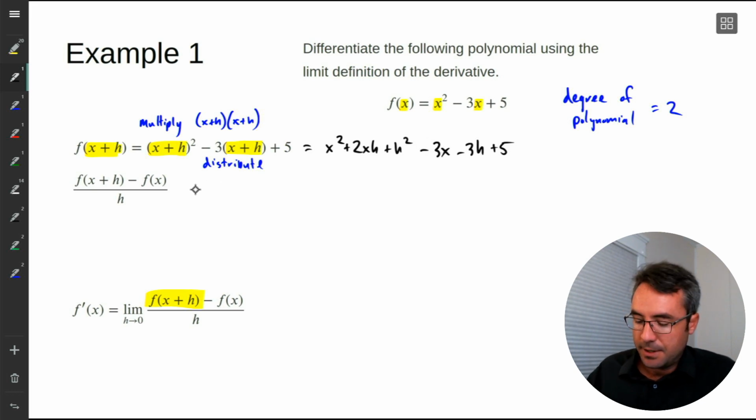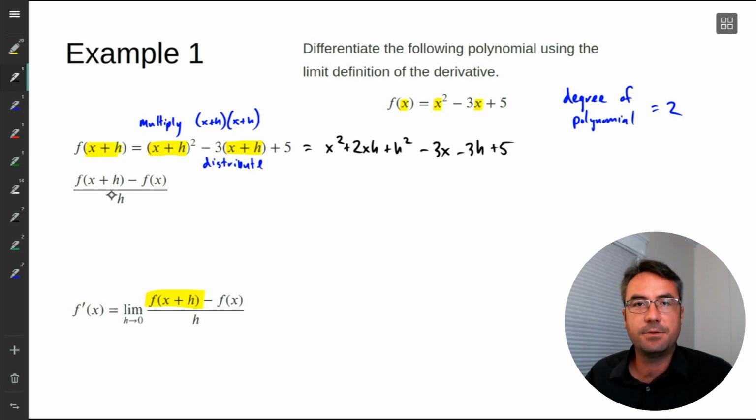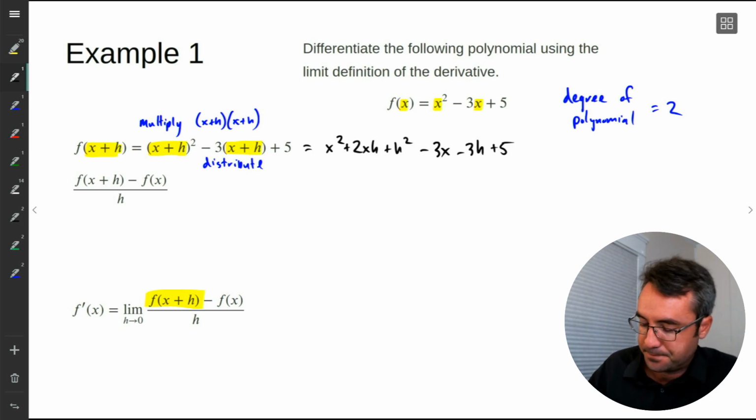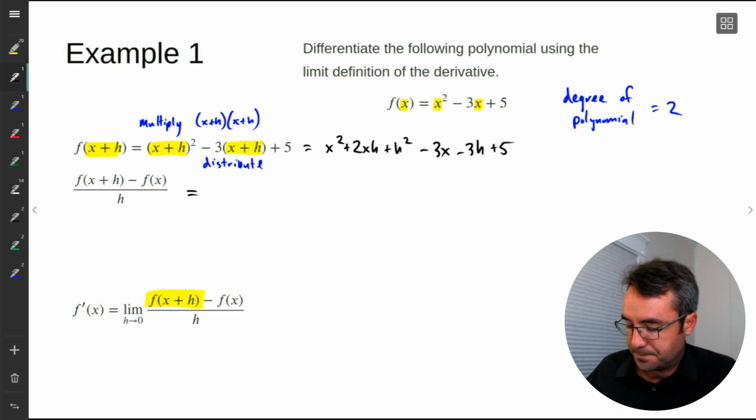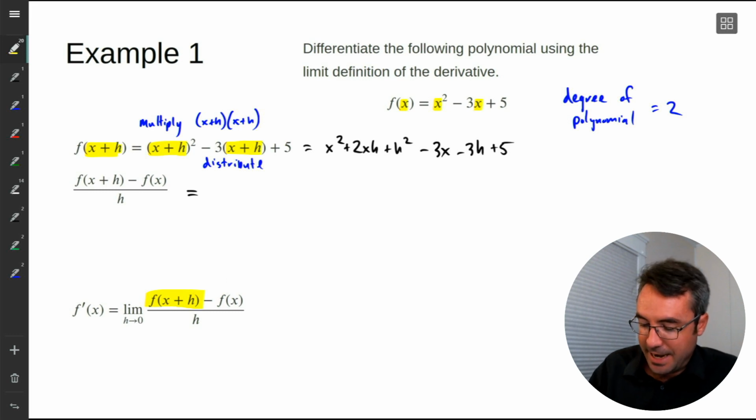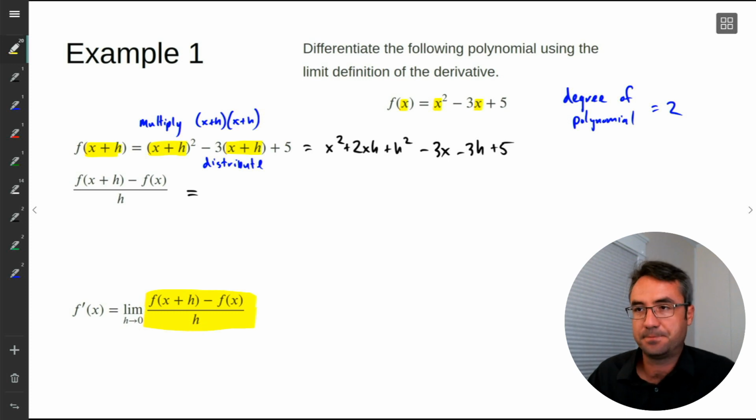So now let's actually go to this fraction. We're going to take this result and plug it in for this fraction. So we're expanding our focus here. We started with f of x plus h, and now we're expanding outward and looking at this whole fraction.